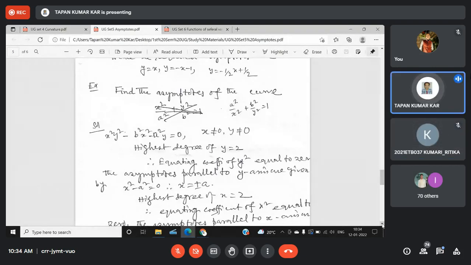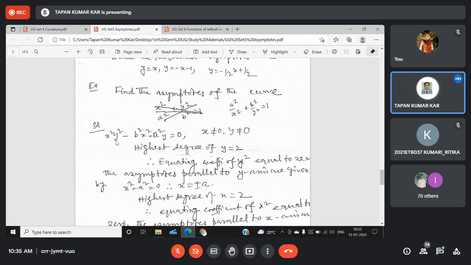Oh sorry, there is a mistake. You must write in your notes: x square y square minus b square x square minus a square y square. You have found it in the solution.